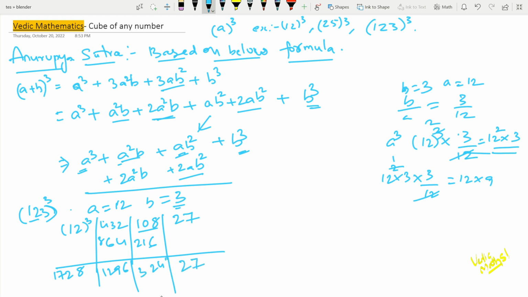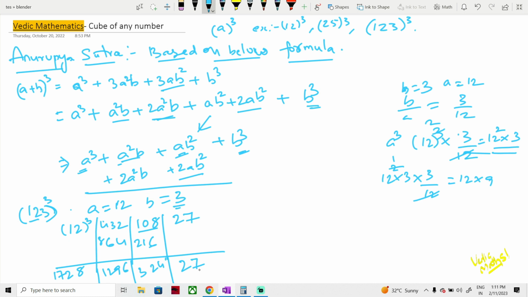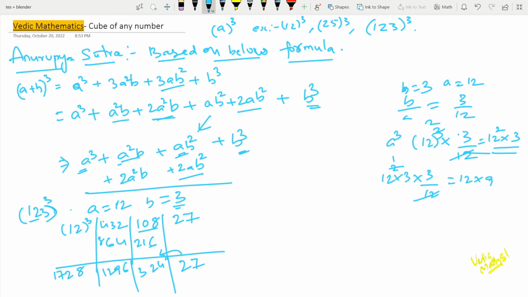Now you have to do balancing. When I say balancing, you check whether it's a single digit number or more than one digit. Since we have 27, which is a 2-digit number, you have to carry over 2 from here to here. When you carry over this number, you get 324 plus 2, that gives you 326.